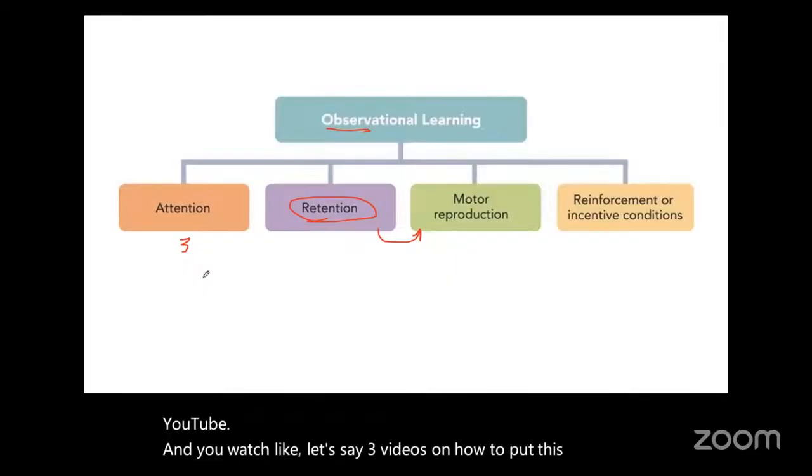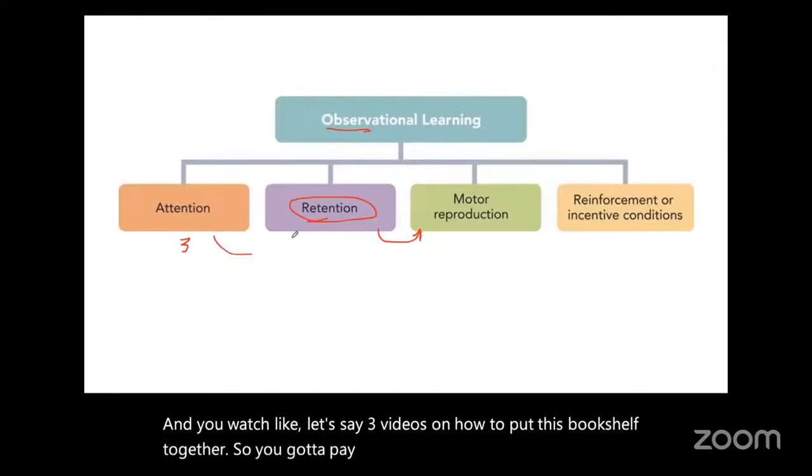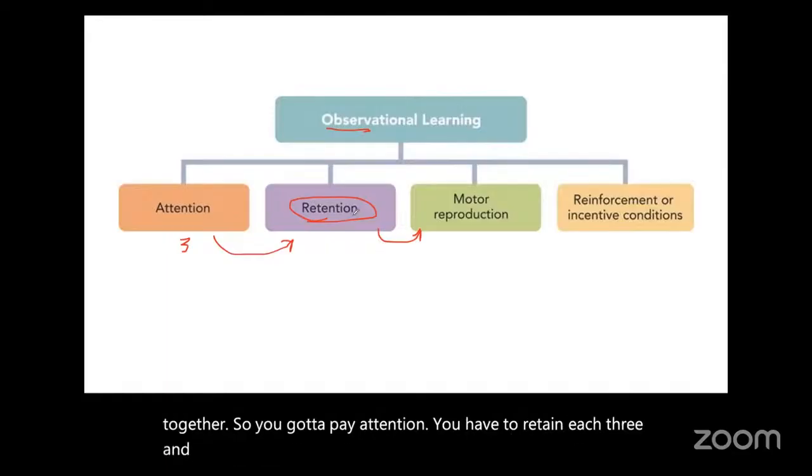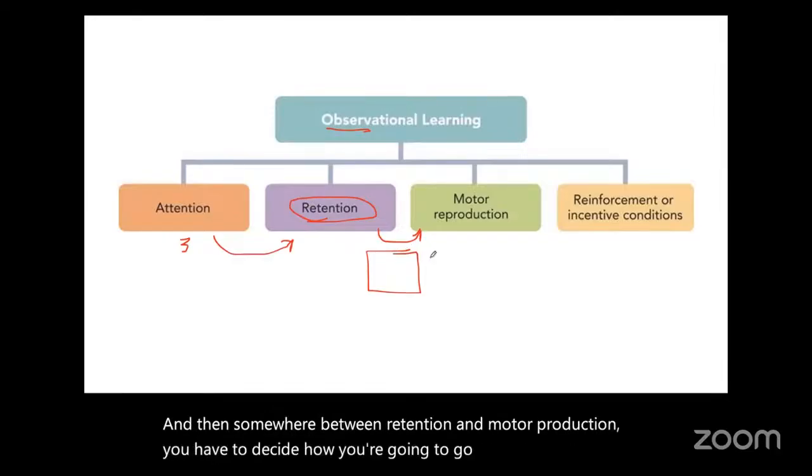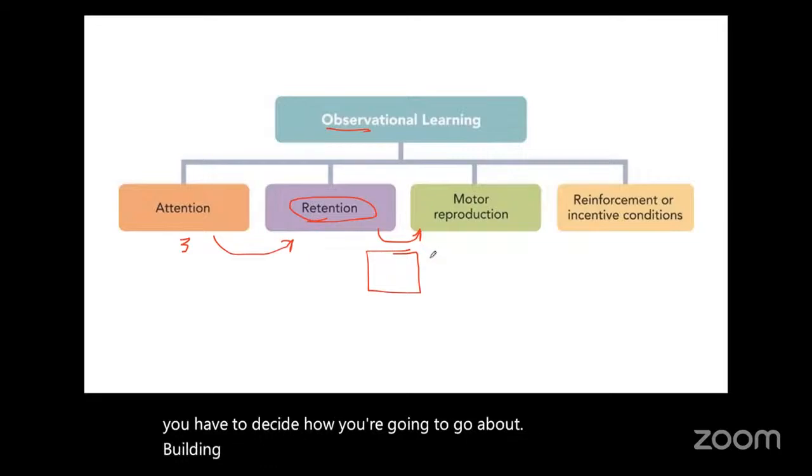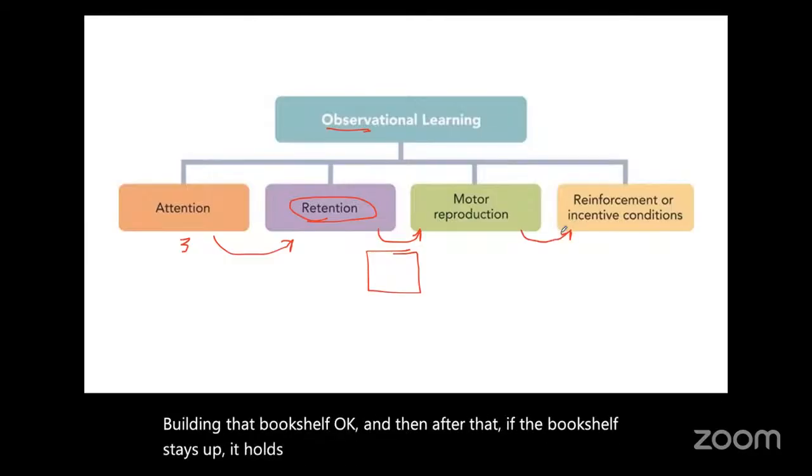So you have to pay attention. You have to retain each of the 3. And then somewhere between retention and motor reproduction, you have to decide how you're going to go about building that bookshelf. Okay. And then after that, if the bookshelf stays up, it holds the books, you're reinforced for it.